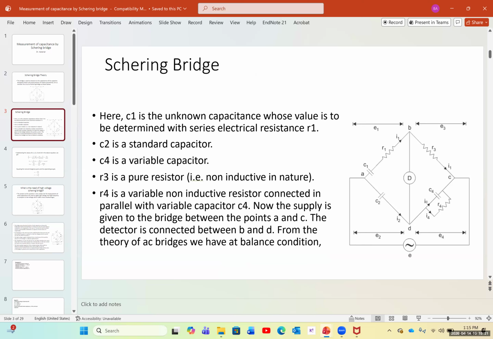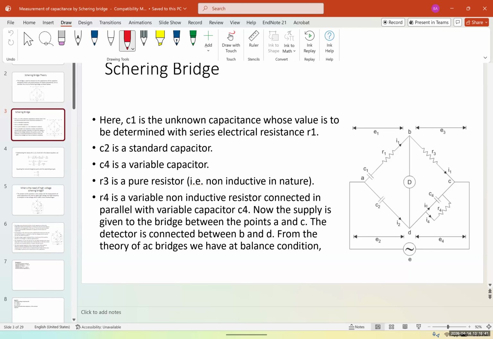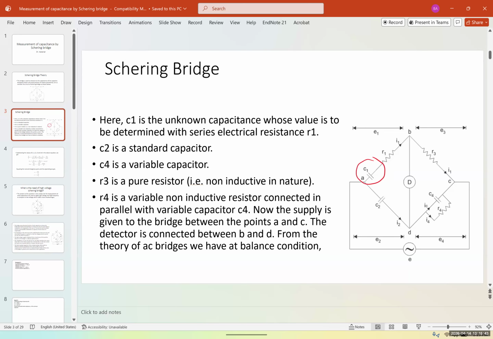C1 is unknown, you can see here. Its value is to be determined with the series electrical resistance R1. So this C1 is our unknown that we want to find, and we always have it with a resistor in series with it.